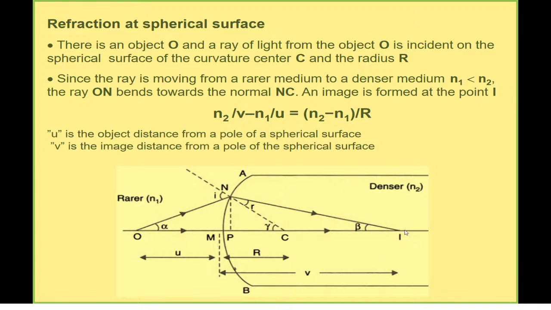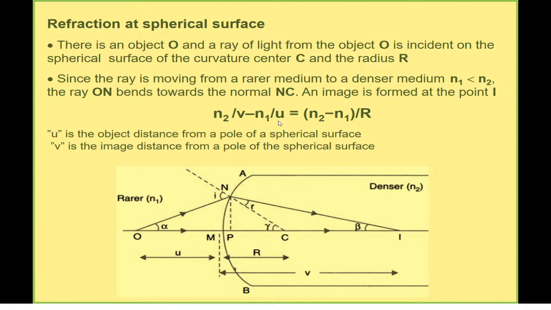At the point I. One more time, it is not a random point, it is an absolutely certain point that is determined by that equation. What is this?